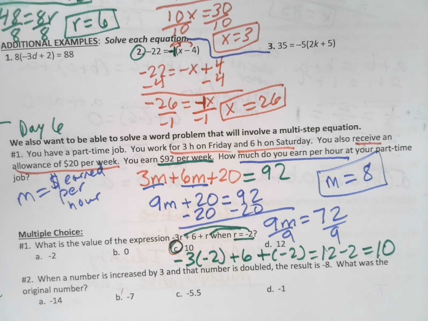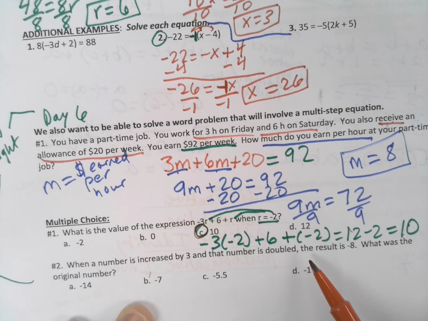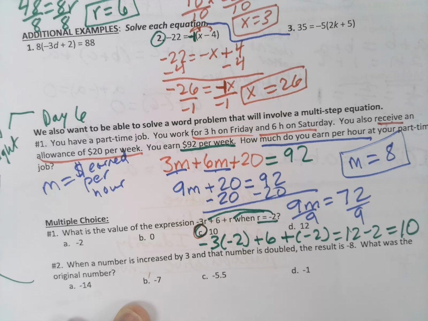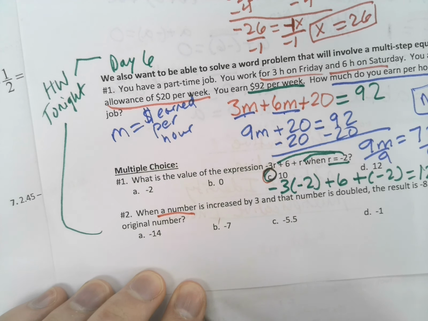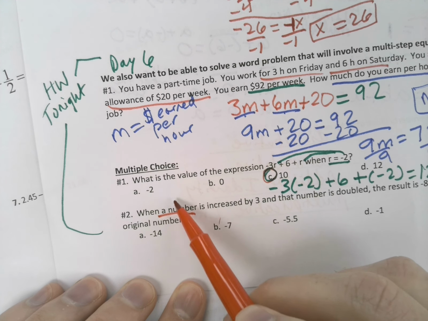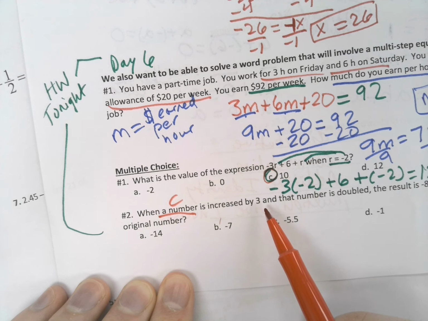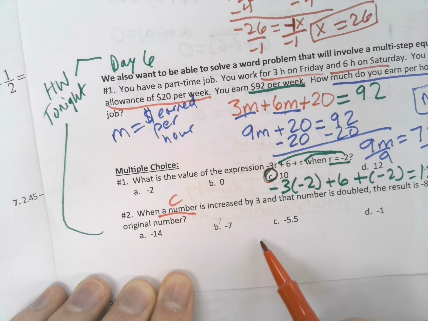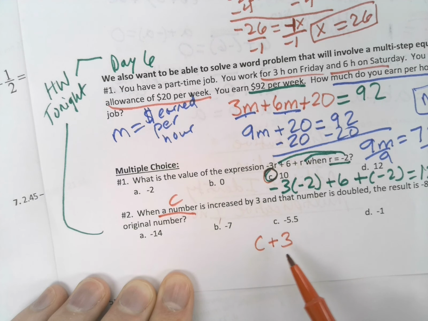And then finally, when a number is increased by 3, and that number is doubled, the result is -8. Ooh, now I like this one. When a number, now we don't know that number, I'm going to call that number C. So when a number is increased by 3, so when C has 3 added to it, and then this result is doubled.